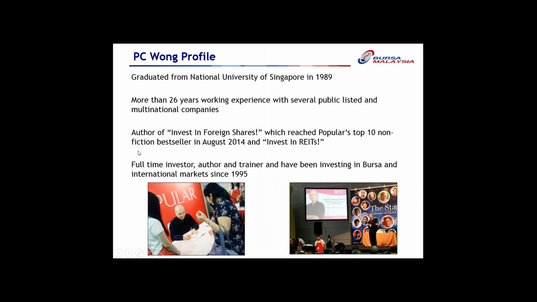So let me briefly introduce a little bit about our speaker today. He graduated from National University of Singapore in 1989. He has more than 26 years of working experience with several public listed companies and multinational companies. He is an author of the Invest in Foreign Shares book, which reached the top 10 best sellers list in August 2014, and he's also author of Invest in REITs.